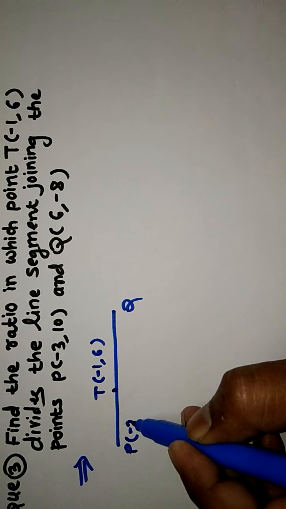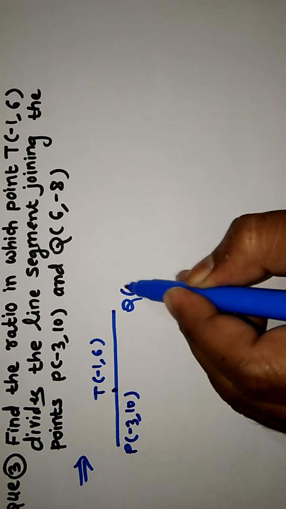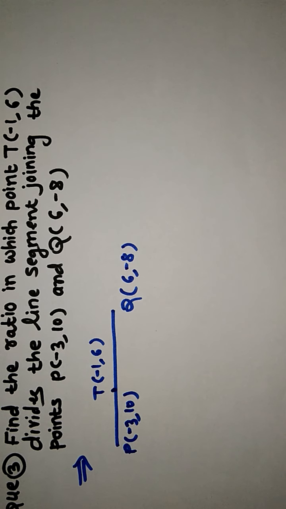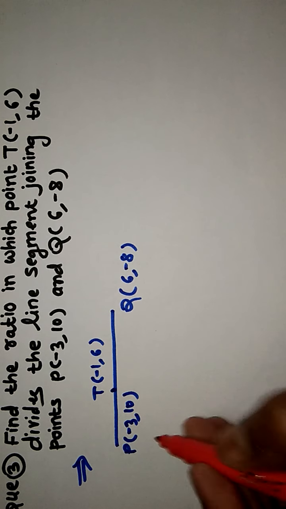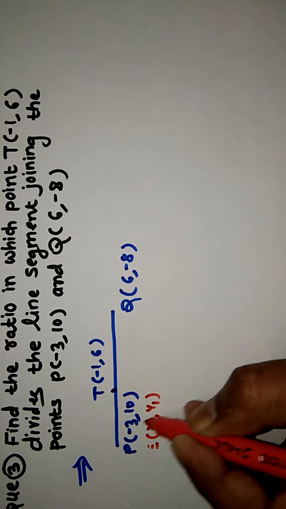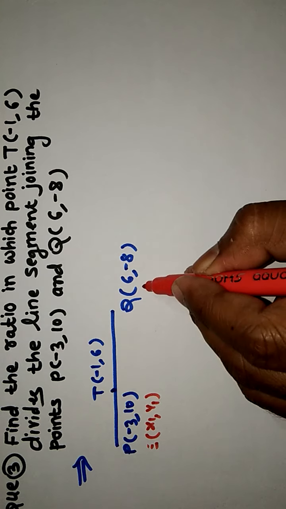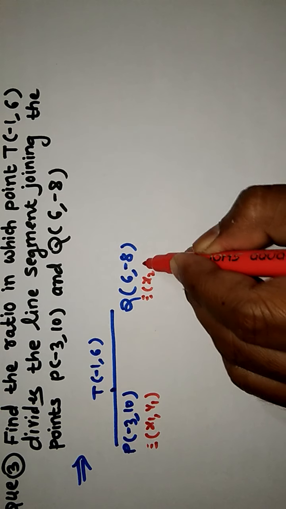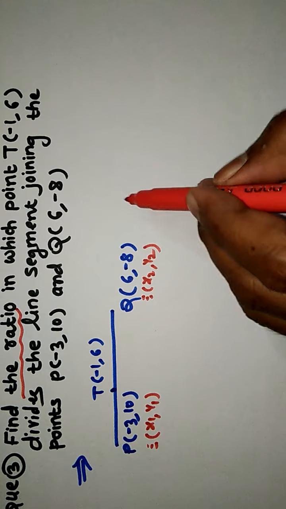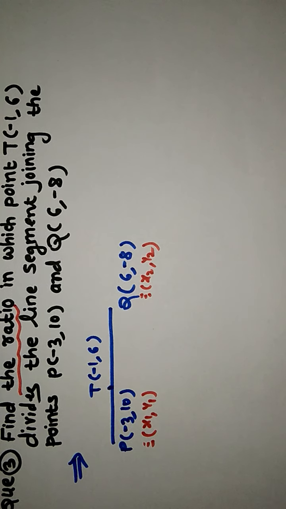Coordinates of P are given: minus 3, 10. Coordinates of Q are given: 6, minus 8. Then represent these coordinates respectively. P is x1, y1, meaning x1 is minus 3, y1 is 10. Q is x2, y2. Our aim is to find the ratio. Ratio means our aim is to find m to n.